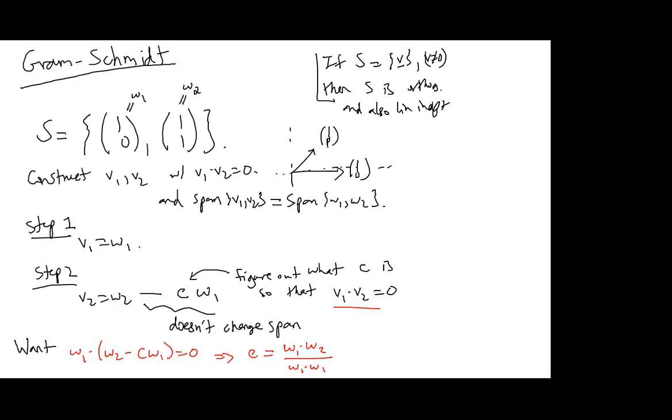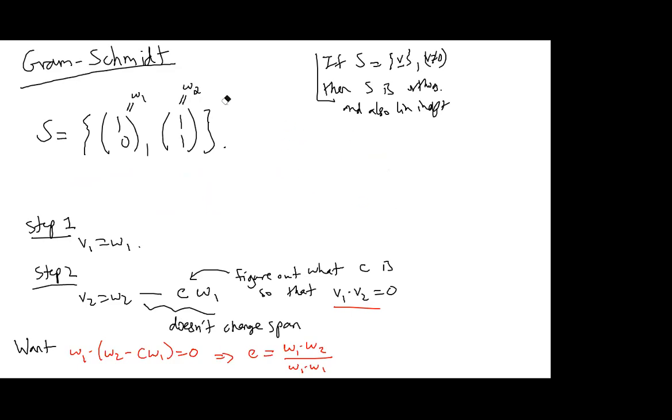So let's erase some of this. V1 is W1. V2 is W2 minus C times W1, and this C is what we found here: (1, 0) dot (1, 1) over (1, 0) dot (1, 0).